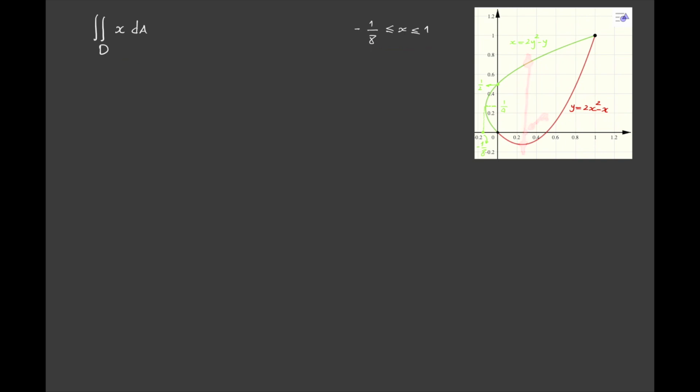Okay? What happens if I choose a little bit higher value for x? So let us choose somewhere between 0.6 and 0.7. What happens? For this particular value of x, I still want to know the limits for my y. What I do, again, I draw a vertical line so that it cuts my domain and goes out of it.